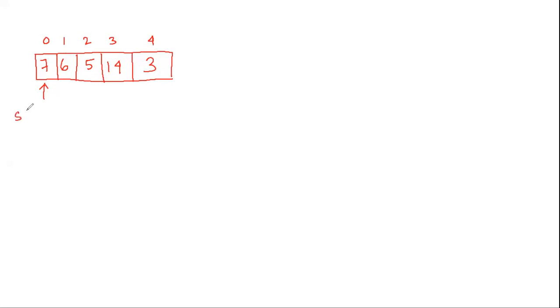Suppose I have a variable named small, and I am starting that small variable from index location 0. This is the way the array is, a0, a1, a2, like this, and this is another variable small, and I am starting the value of small from this location. So now my small will have the value 7.